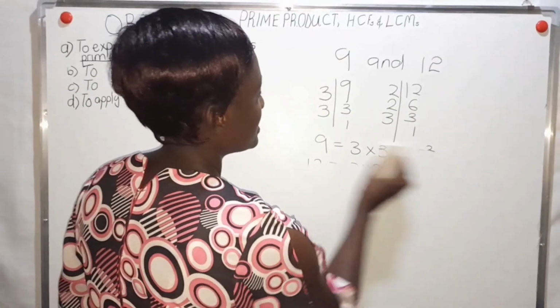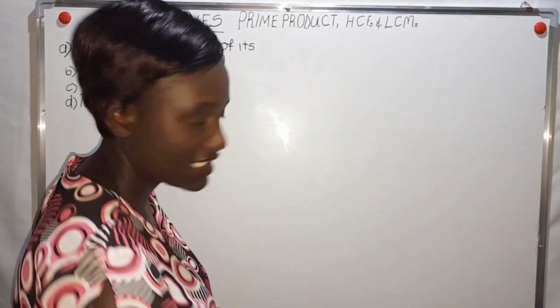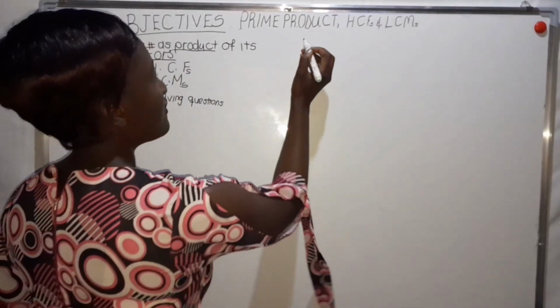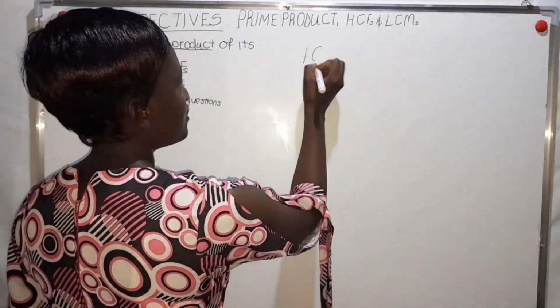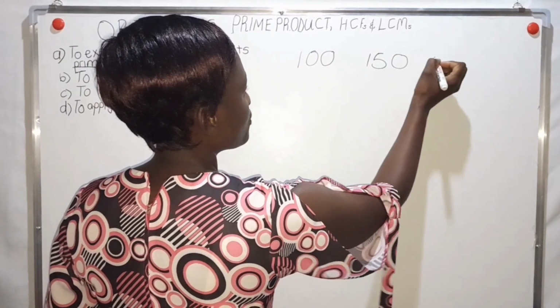So we want to proceed to look for the LCM of 3 given numbers. For example, if we are asked to find the lowest common multiple of 100, 150, and 200.